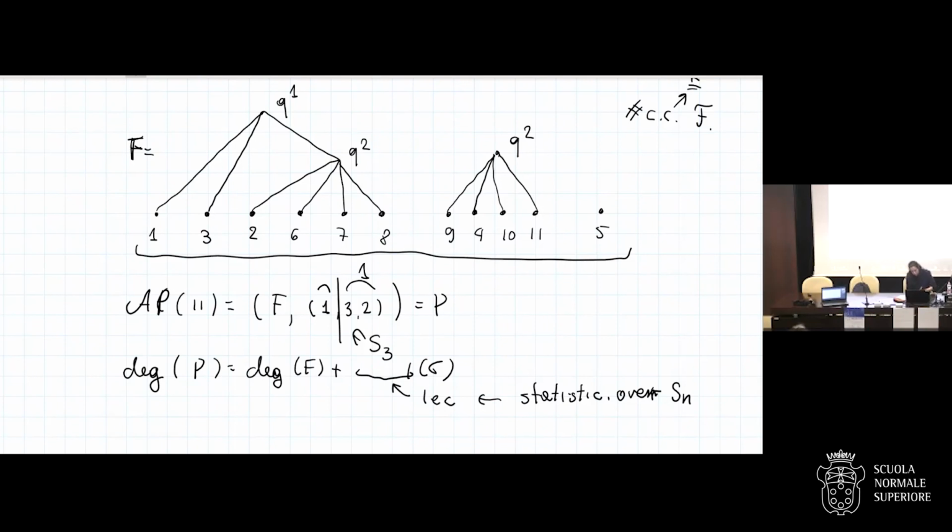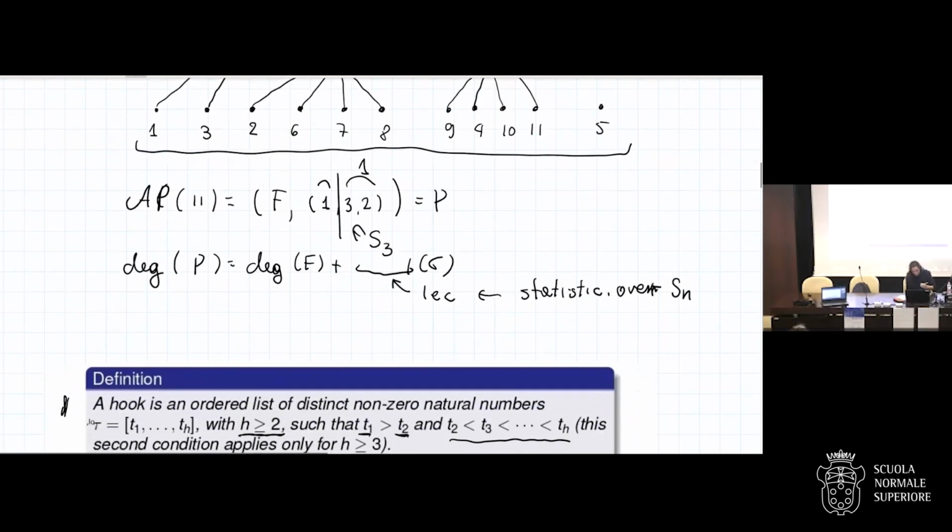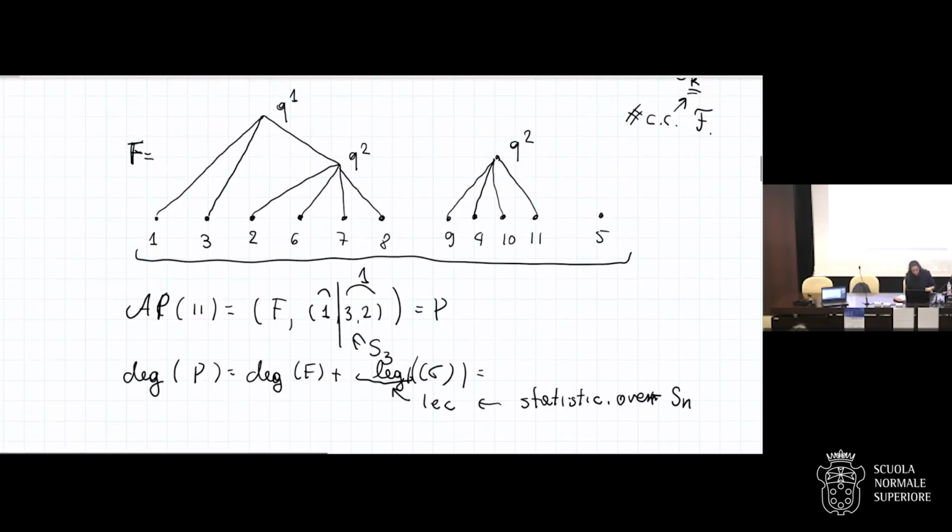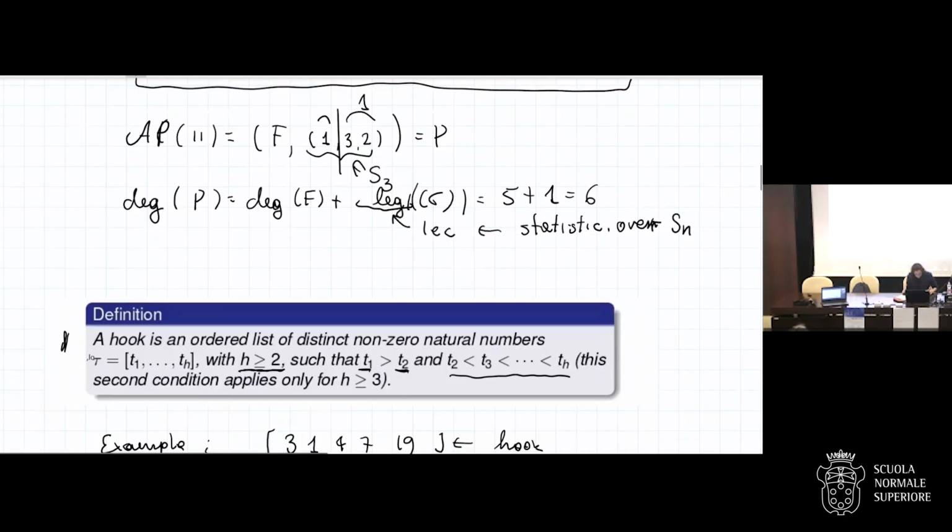So we only have 1 inversion here, so LEC of sigma is 1. And the degree of this pair P is given by the degree of F, which is 1 plus 2 plus 2, so 5, plus LEC computed on this permutation, which gives just 1. So this admissible pair, this example, has degree 6.